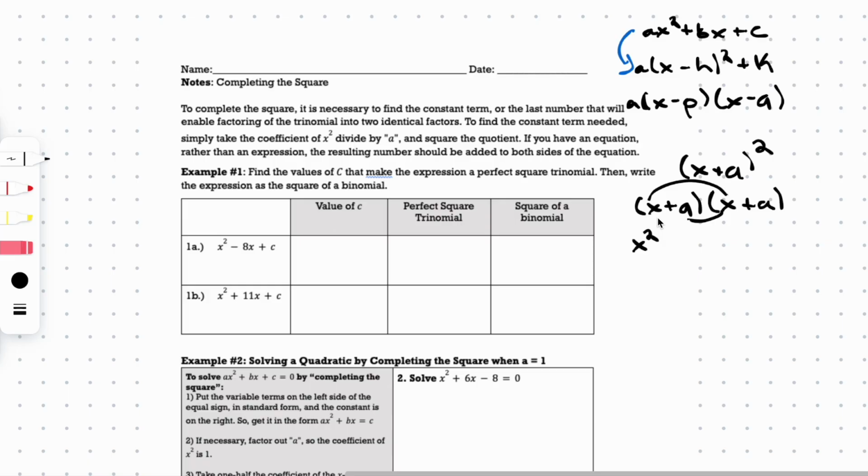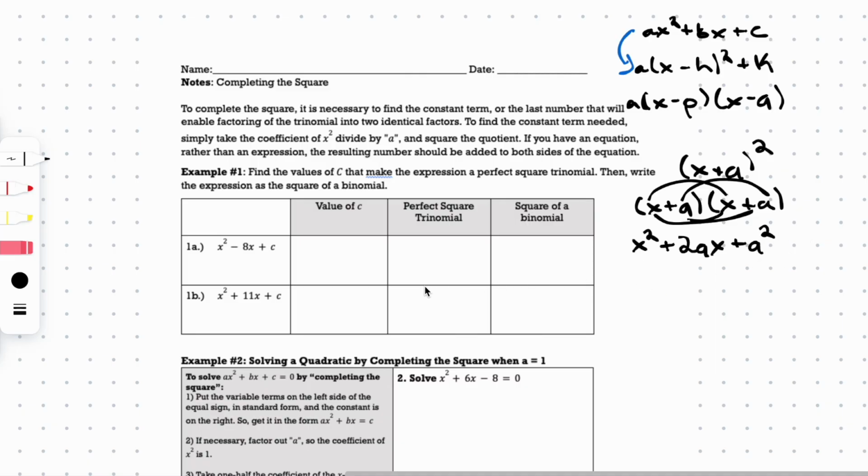And then we're going to add q times x again. So we'd have qx plus qx, which is just 2qx, right? And then we have q times q, which is q squared.